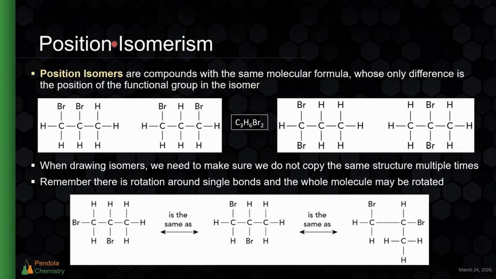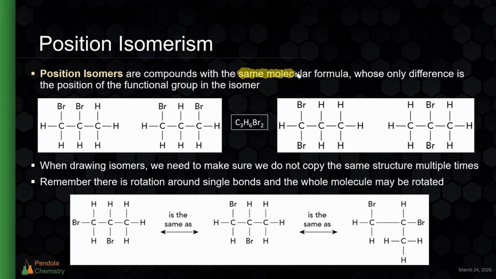So let's start with position isomers. Position isomers are probably the simplest of all the isomers to understand. Position isomers are simply compounds that have the same molecular formula. Anytime we have the definition of an isomer, which you will be asked to write down, make sure that you understand what the definition of an isomer is.